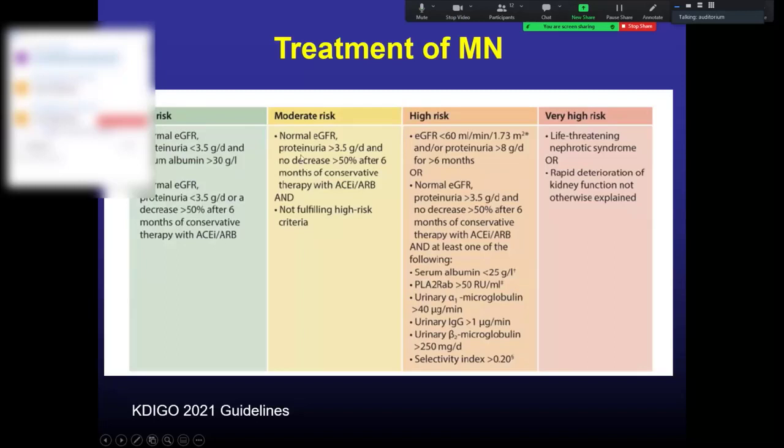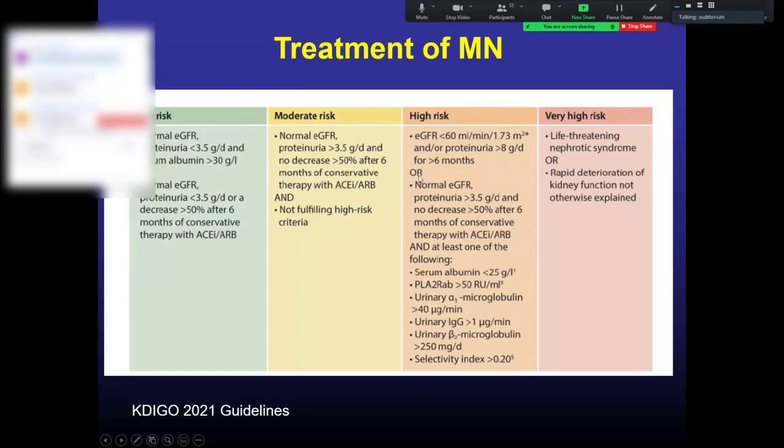If they're moderate risk, so they have nephrotic range proteinuria and a normal eGFR, you can do a trial with ACE or ARB therapy to see if they become subnephrotic for up to 6 months, but if they're not responding, you want to treat them. High risk are patients with proteinuria over 8 grams, so the moderate would be between 3.5 and 8.